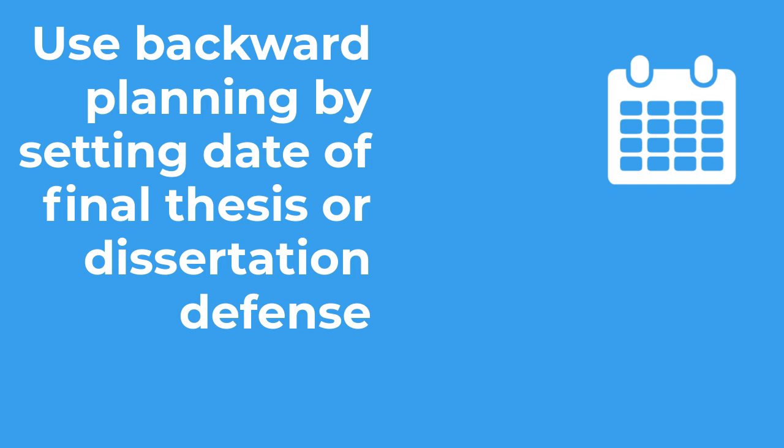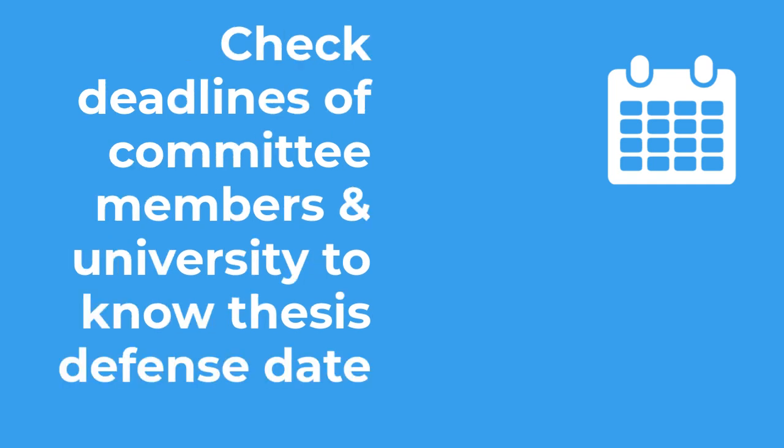Now, to help set dates for these categories, it makes sense to do backward planning, setting your final target first. So your committee must have 2 weeks to read your thesis before your defense. So it's important to check your university deadlines and the calendars of your chair and your committee to know your thesis defense date, then tentatively plan from there.